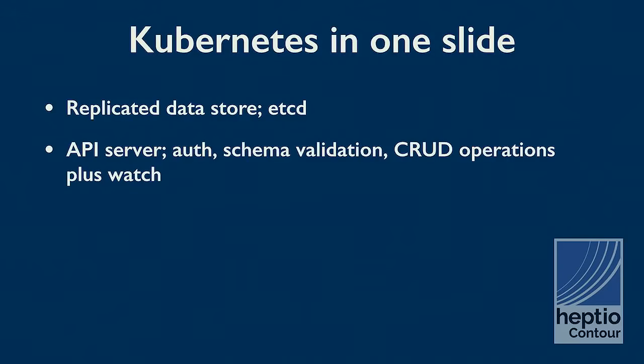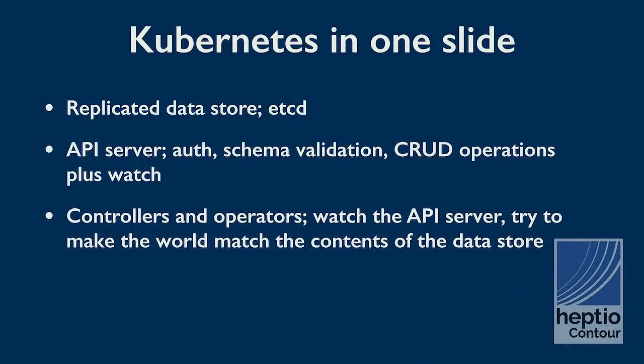The second is the API server, and this is generally what people think about when they think of Kubernetes. The API server sits on top of the data store. We add authentication, schema validation, your basic CRUD operations, as well as watch, which is really the crucial one. So on top of that, we have controllers and operators, and they watch the API server and try and match the world to what they see in the database.